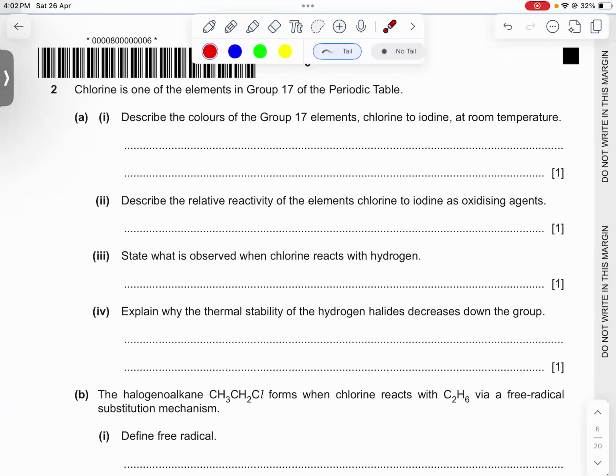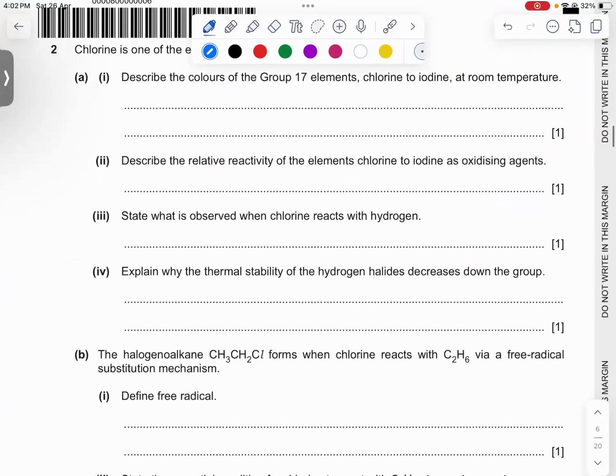Question number 2. Chlorine is one of the elements in group 17 of the periodic table. Describe the colors of group 7 elements chlorine to iodine at room temperature. Okay, so they want to describe the colors, meaning we just want to say what colors there are.